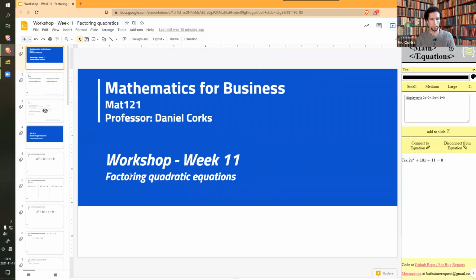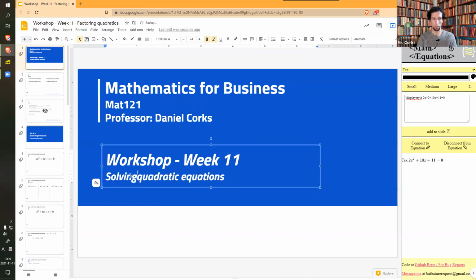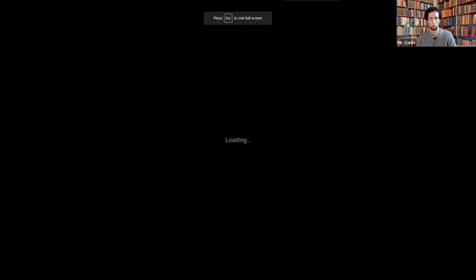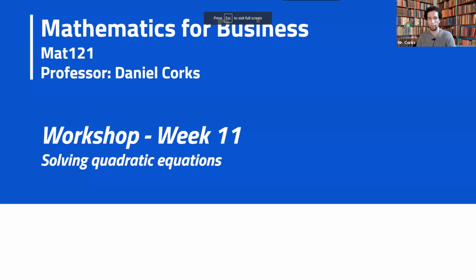So factoring and, I guess, solving, two different things. Factoring and solving quadratic equations. This is not a formal part of our class content. I expect most people to know this.